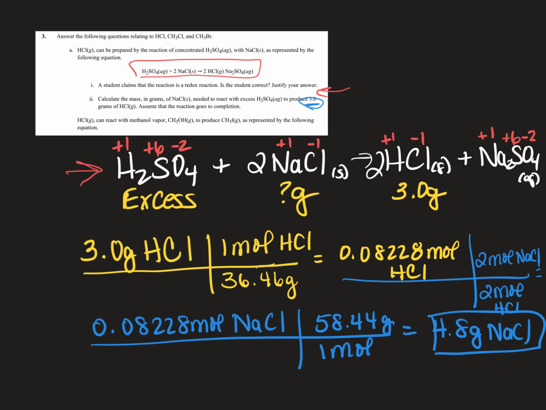And that work was actually 2 points. 1 point for determining the number of moles of HCl, and 1 point for calculating the actual mass of the sodium chloride. So again, if this answer was incorrect, you would get 0 points for it. But as long as this answer agreed with it, then you could get full credit.